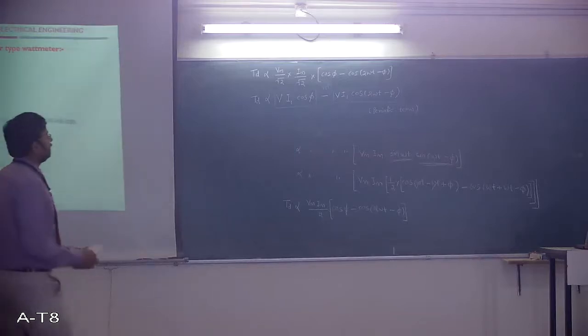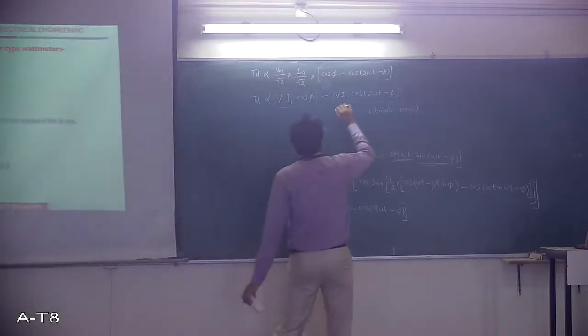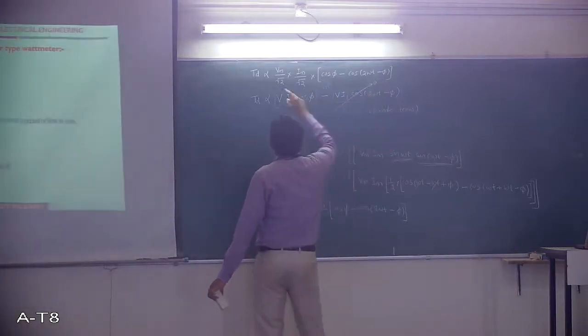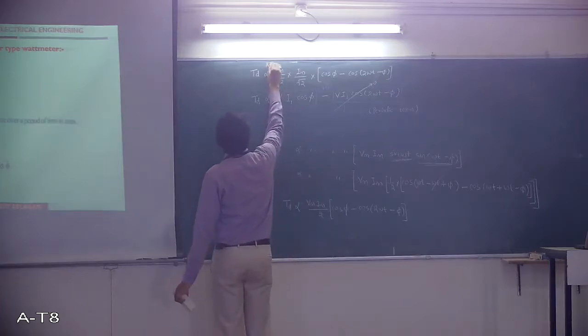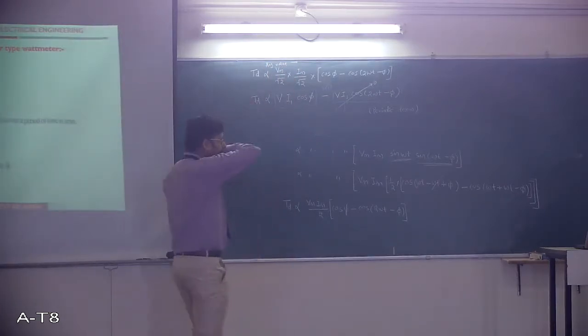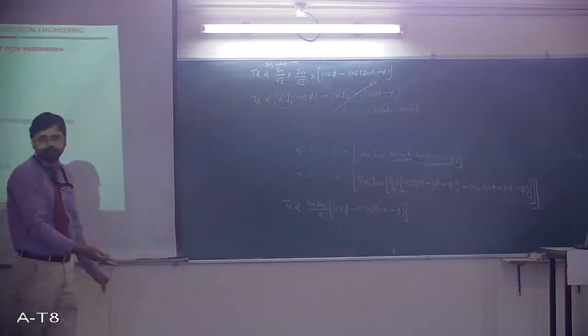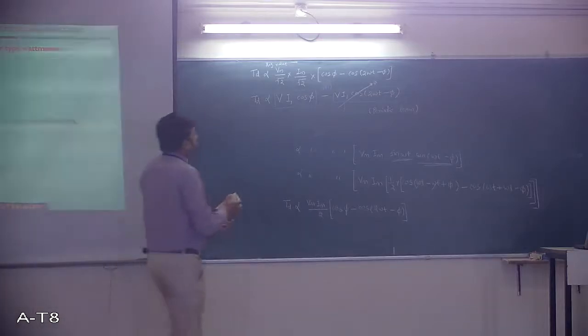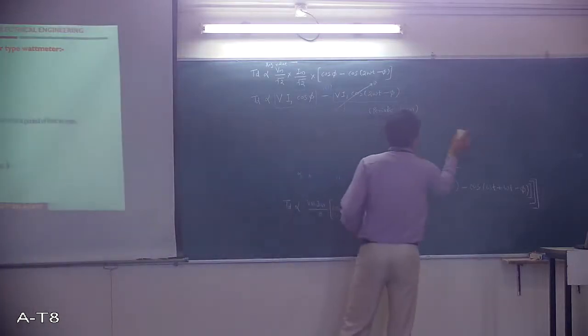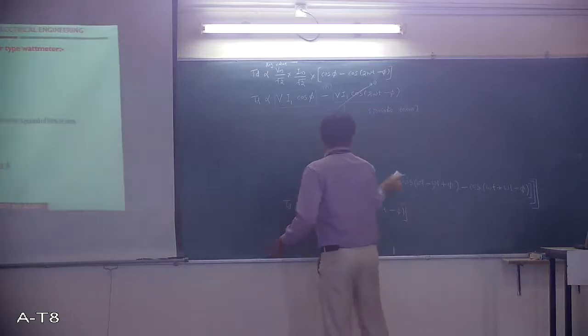So the second term works out to be 0 here, because I forgot to write that what I am talking about is the average value of the deflection torque, which is the average value of this product.